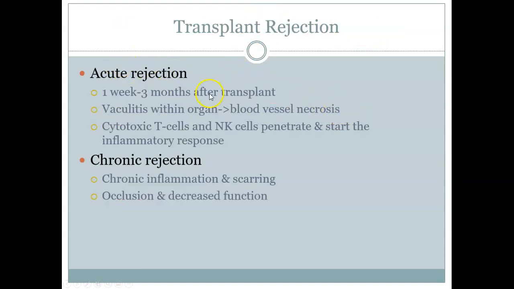So acute rejection happens 1 week to 3 months after transplant, and that's a little bit of a delayed reaction, where you start getting some inflammation within that organ itself, and the inflammation actually causes the tissue to become necrotic, and the cytotoxic T cells and the natural killer cells penetrate and start the inflammatory response.